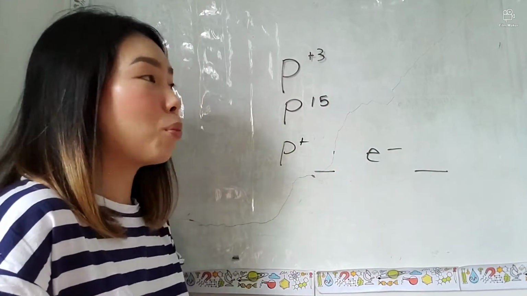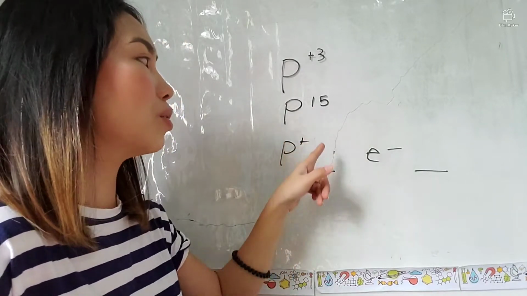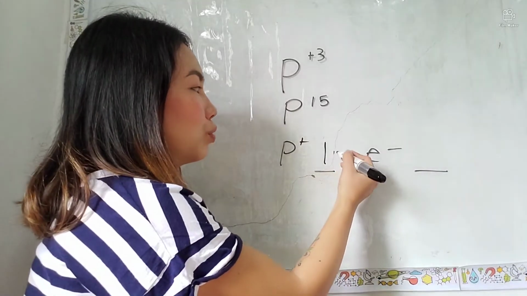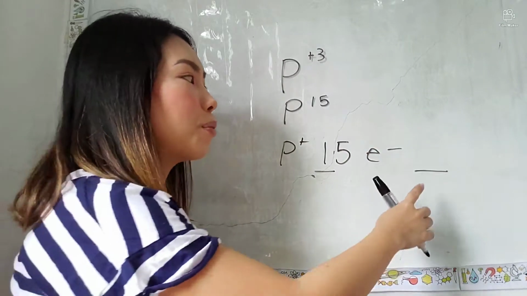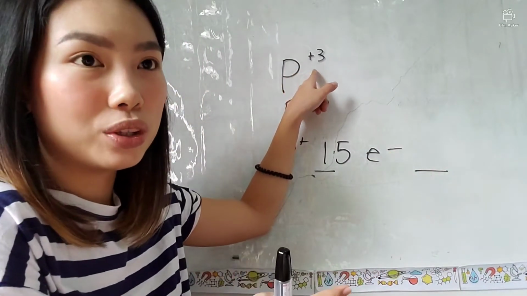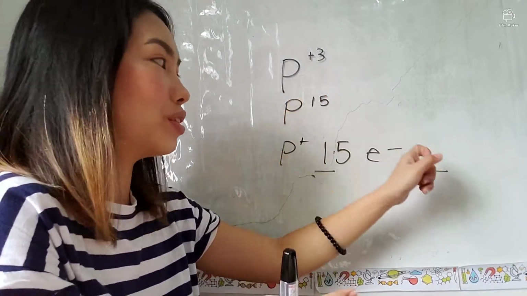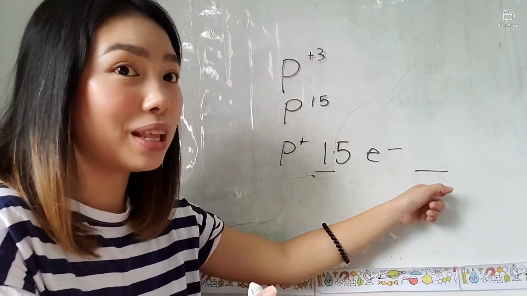So, if phosphorus has atomic number of 15, what is the number of proton? So, the number of proton is also 15. How about the number of electron? So if you have a cation in your element, anong gagawin mo ngayon sa electron? Would it add or subtract?